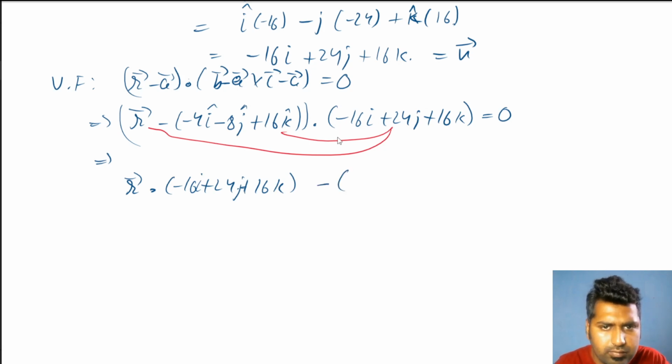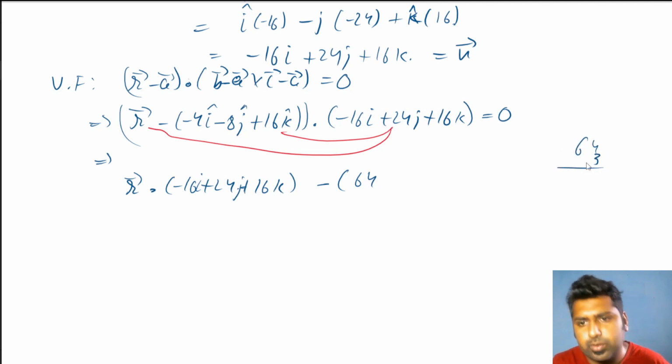So minus plus 64, 24 and 8, 8 64 into 3 now. So 180 and 12, 192 minus 192. Okay, plus 16 is 256 is equal to 0.